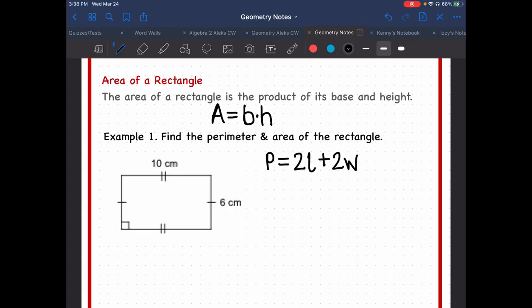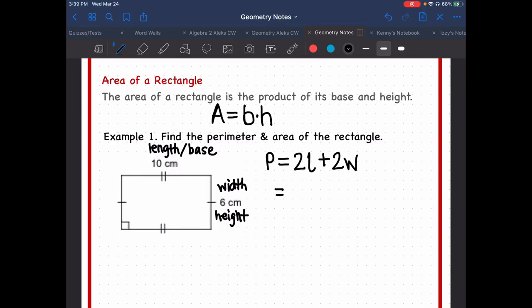Okay, so remember, I would consider this the length, or I would consider it the base. It could be either one. And then I would consider this one the width, W, or H, the height, if I use base times height. It doesn't matter.